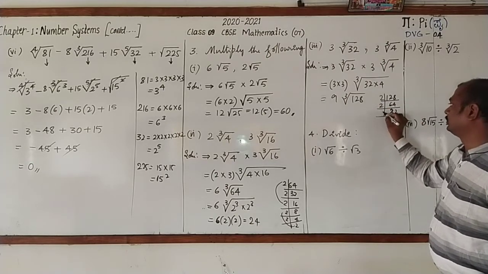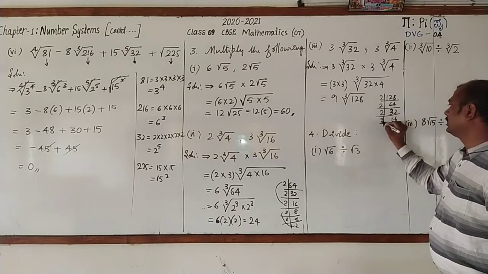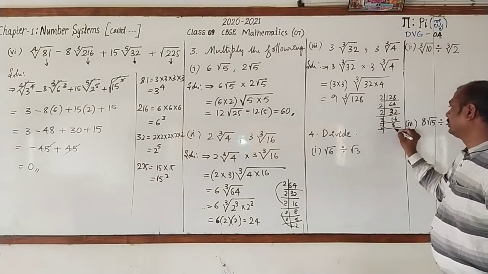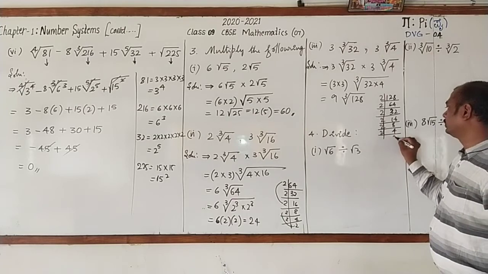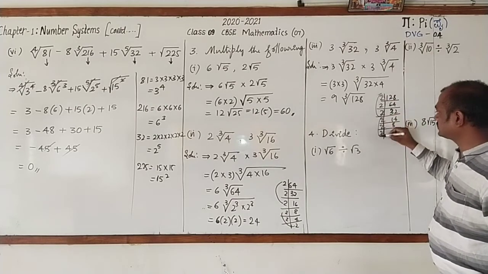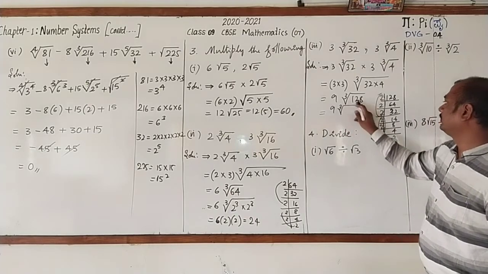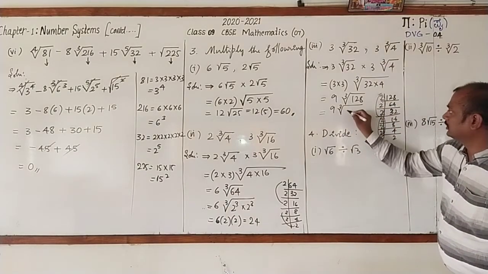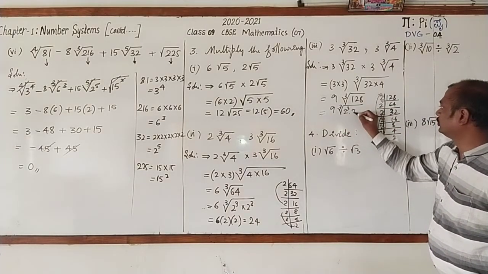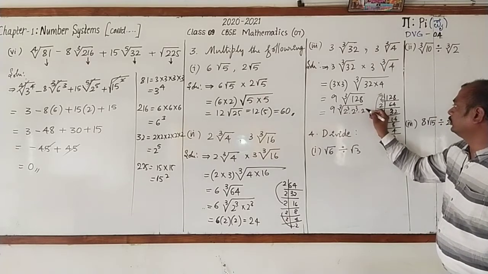3s are 2s are 2, 16s are 2, 8s are 2, 4s are 2, 2s are here. You take these three. Hence you can write 9 into cube root of 128 can be written as 2 cube into 2 cube into 2.